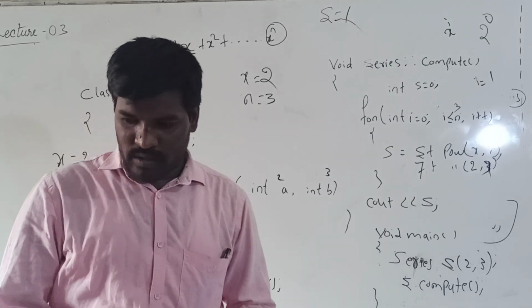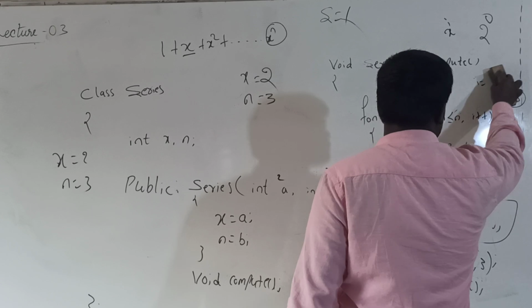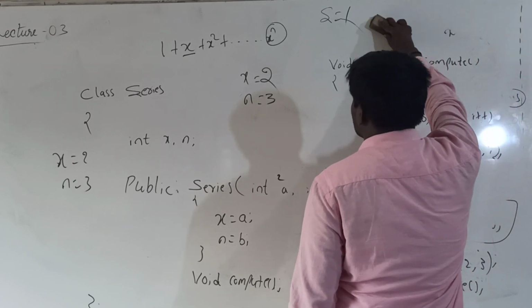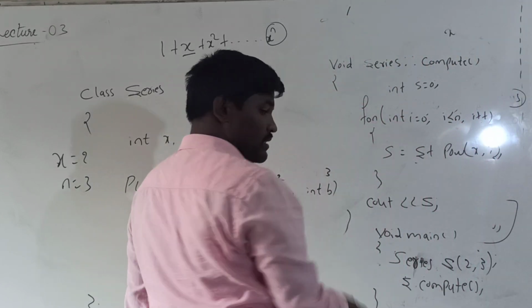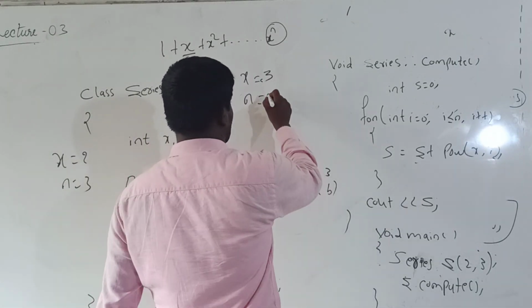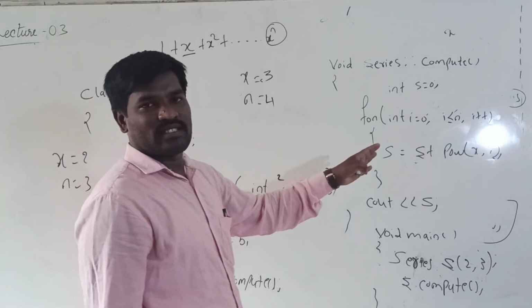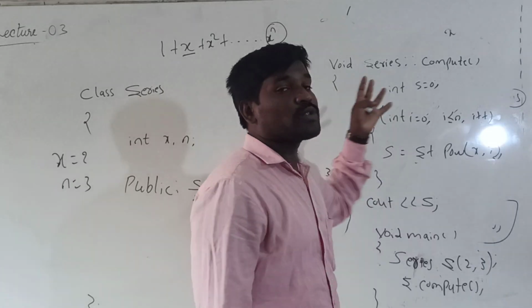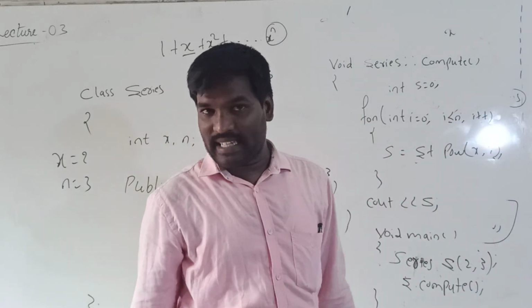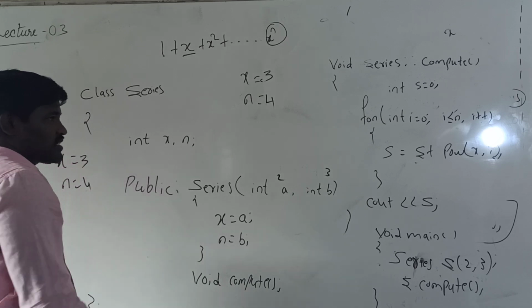Okay, so now you have to take another example, different inputs. Okay, see, so just I can take x is equal to 3 and n is equal to 4. It means that x raised to 4, 3 raised to 4, we can calculate. Here x value is 3 and n value is 4.